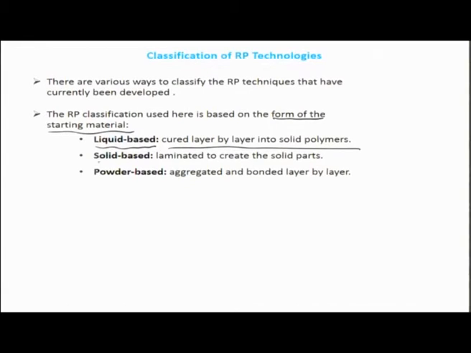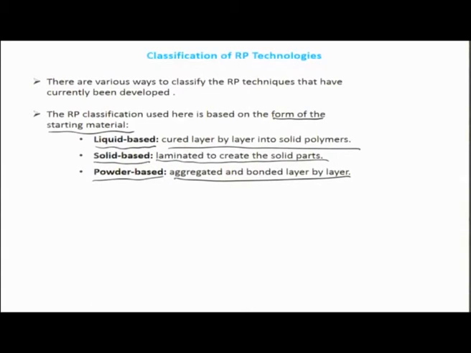There can be solid based materials, particularly laminates, which are bonded to each other to create the solid parts. It could be powder based, where it is still solid, but then granules, and these granules can be sintered to each other in a focused manner using laser and other light forms, and these aggregated and bonded layers can be again built up in a layer by layer manner, so that the final 3D shape or form can be realized.